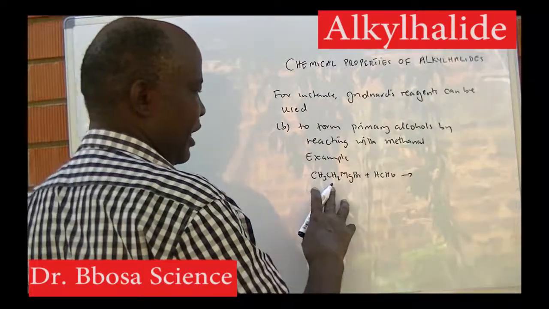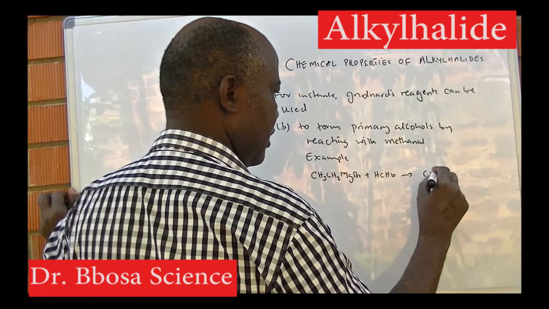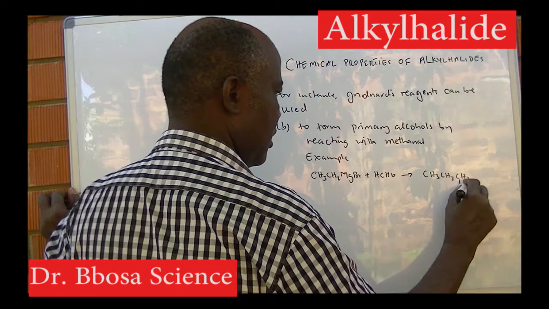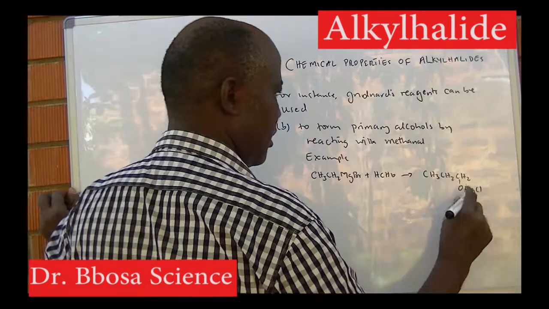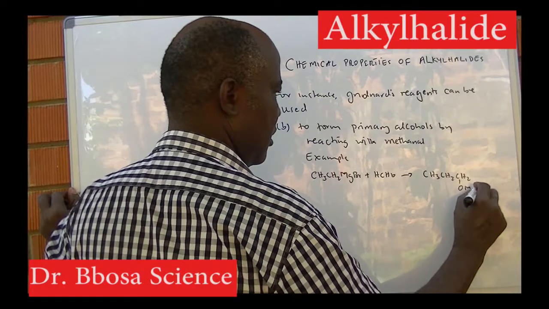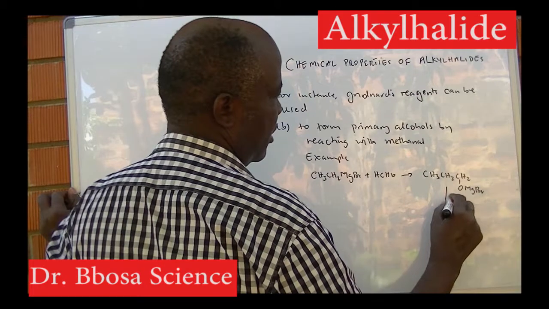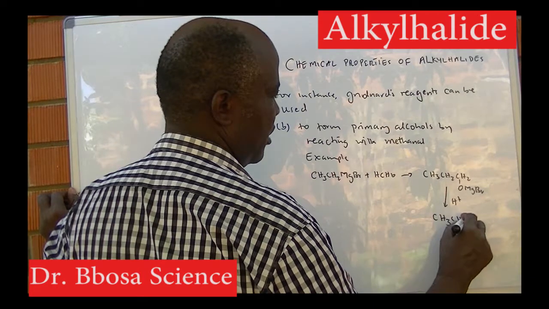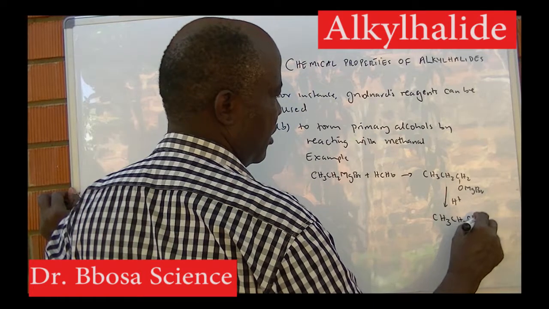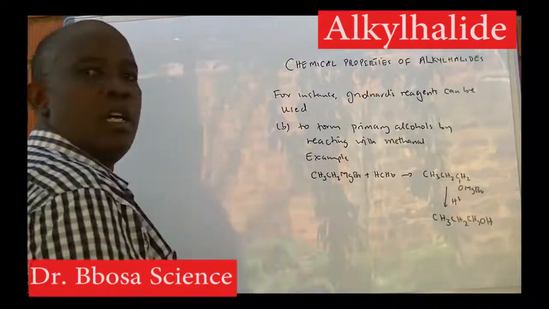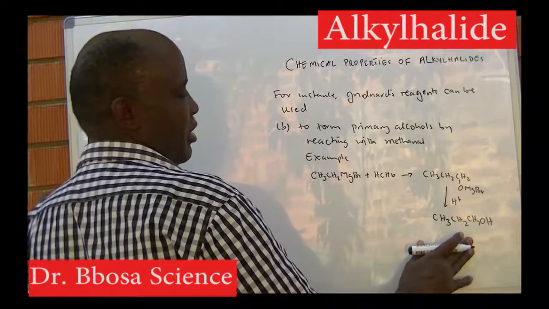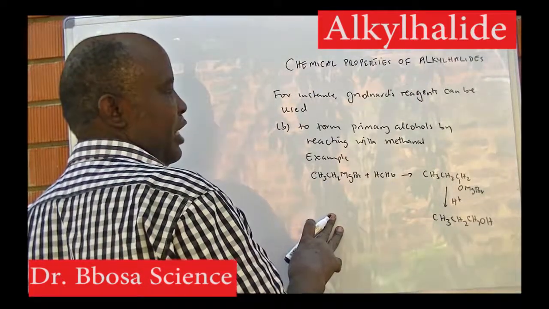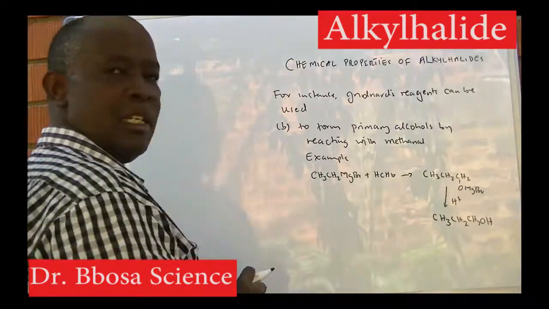When we react Grignard reagent with methanal, we get the primary alcohol, which has one extra carbon atom compared to that of the Grignard reagent.